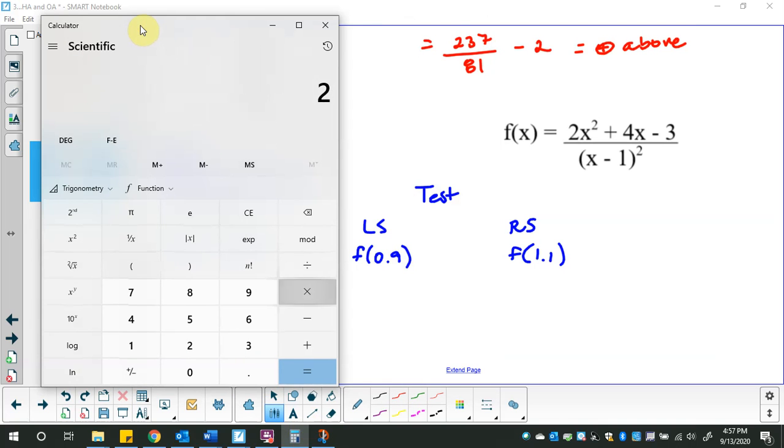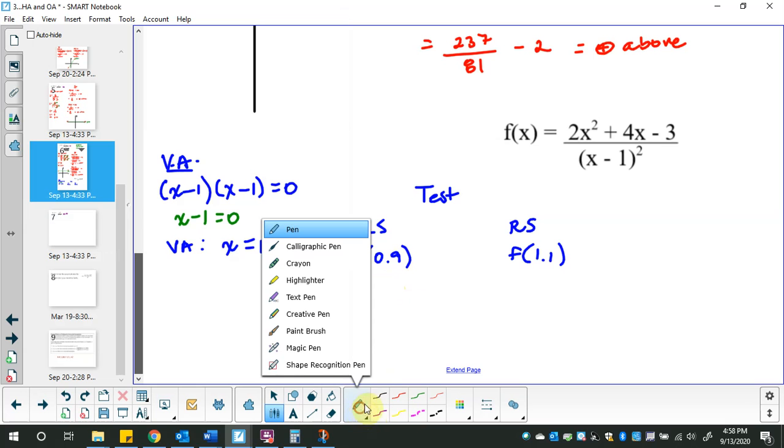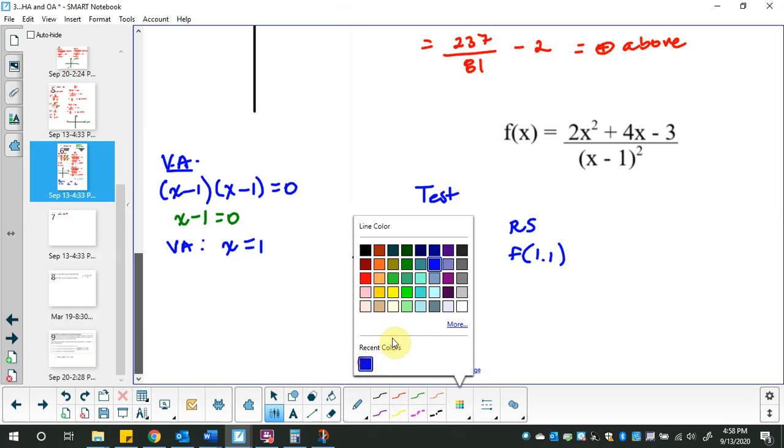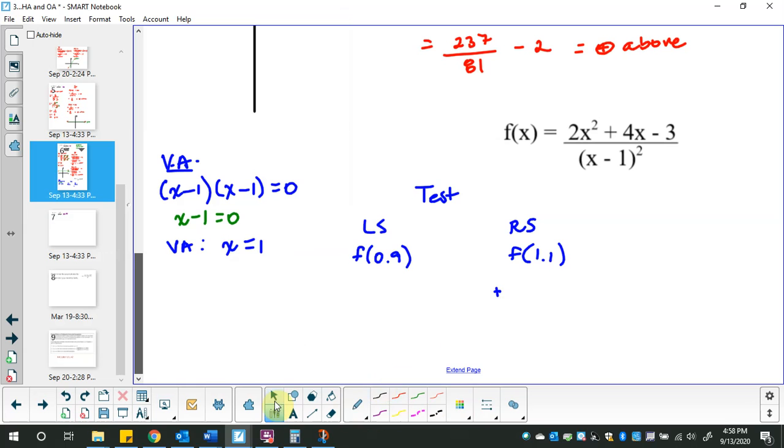So 2 times 0.9 squared plus 4 times 0.9 minus 3 equals a positive.